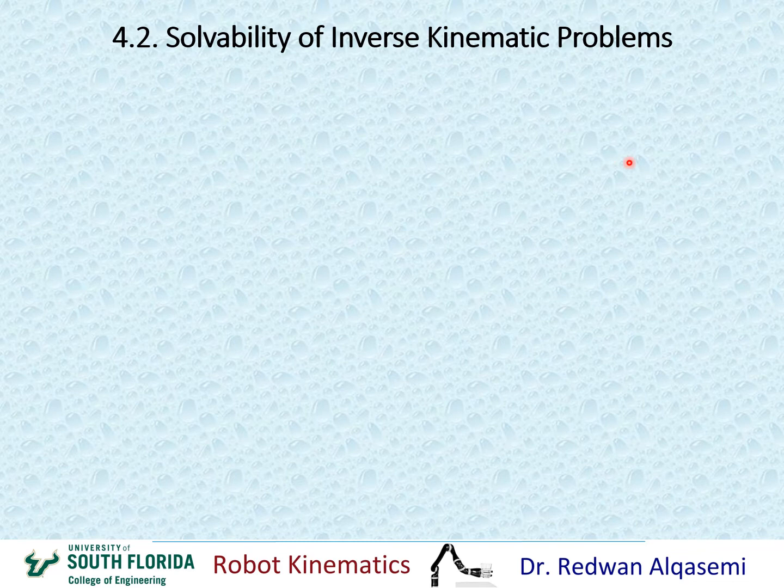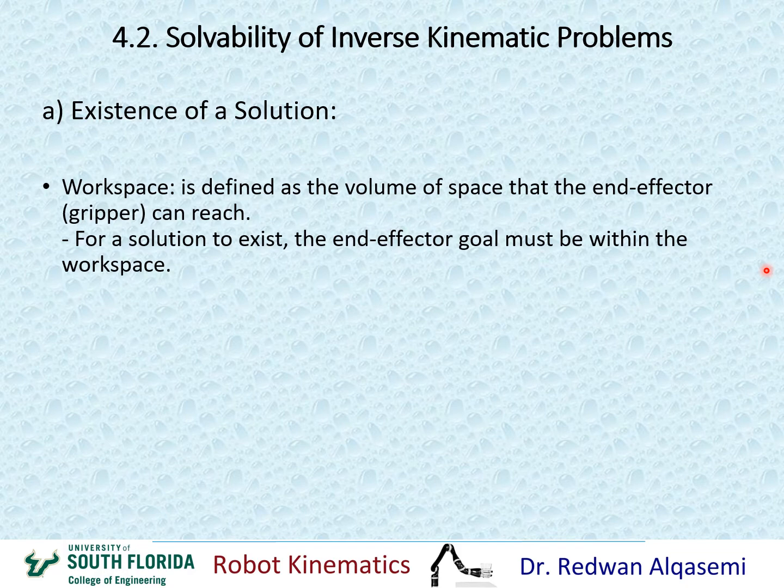Solvability of inverse kinematics problems. So we're going to talk about this from different perspectives, whether we will have a solution or not. Of course, we all know that forward kinematics, you always have a solution, but inverse kinematics, you don't necessarily have a solution. And that's why we're going to go through looking at the solvability of the inverse kinematics problem. So the first thing we're going to talk about is the existence of a solution. And in order for us to look at this aspect of the solution, we need to define a couple of things here.